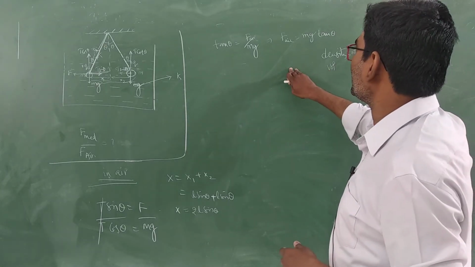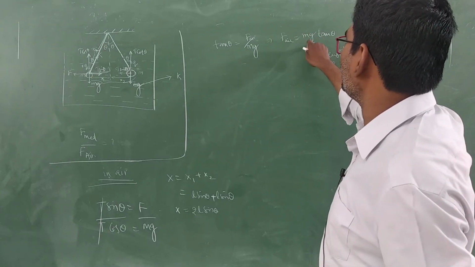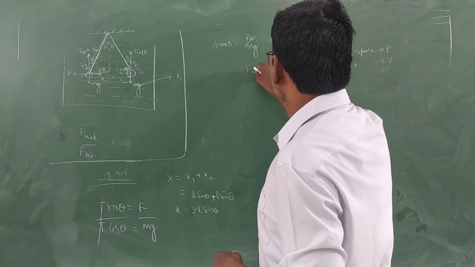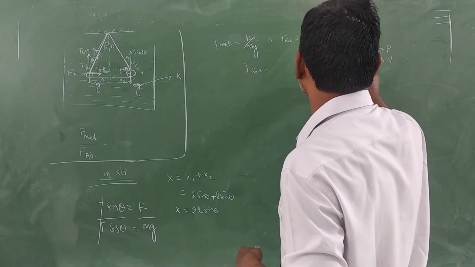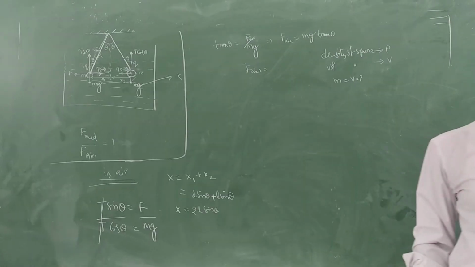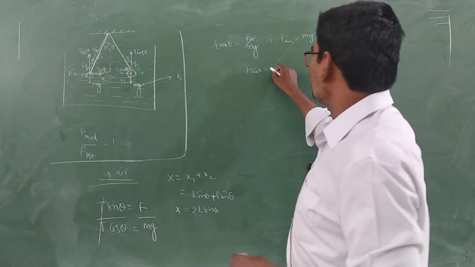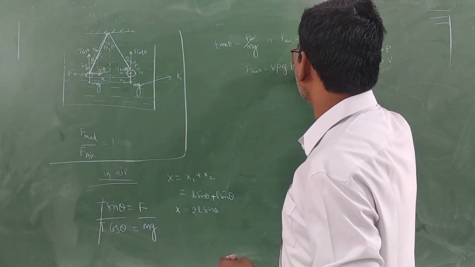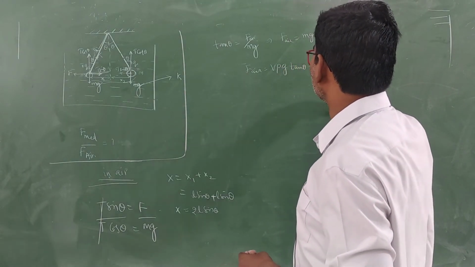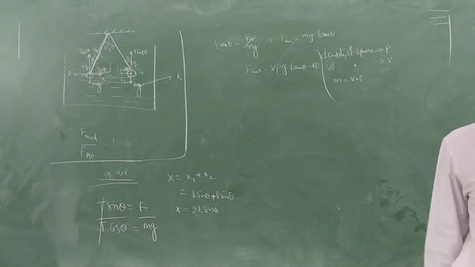So F air is equal to mg tan theta, where mass is nothing but volume into density. So F air is equal to V rho g tan theta. Leave this as equation number 1, that is in air.